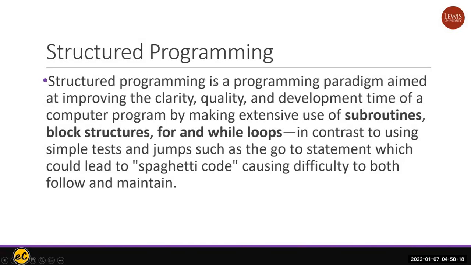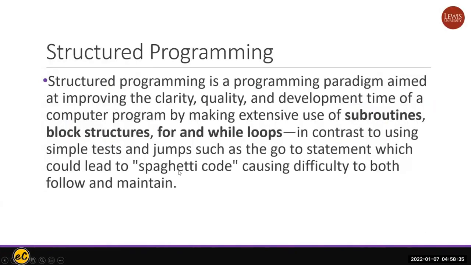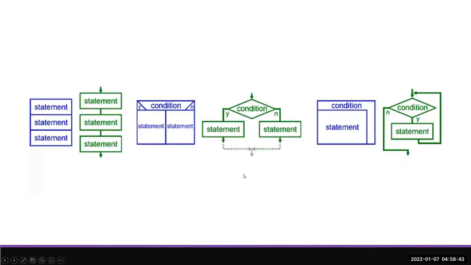This is called structured programming. Basically, make everything compatible with a flowchart. Go-to usually violates the structure, so we don't like the jump or go-to statement. We call those kinds of programs spaghetti code, causing difficulty to both follow and maintain.